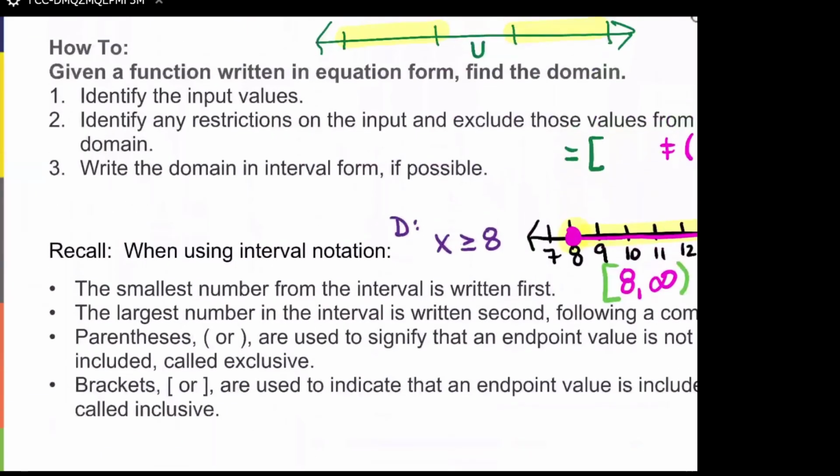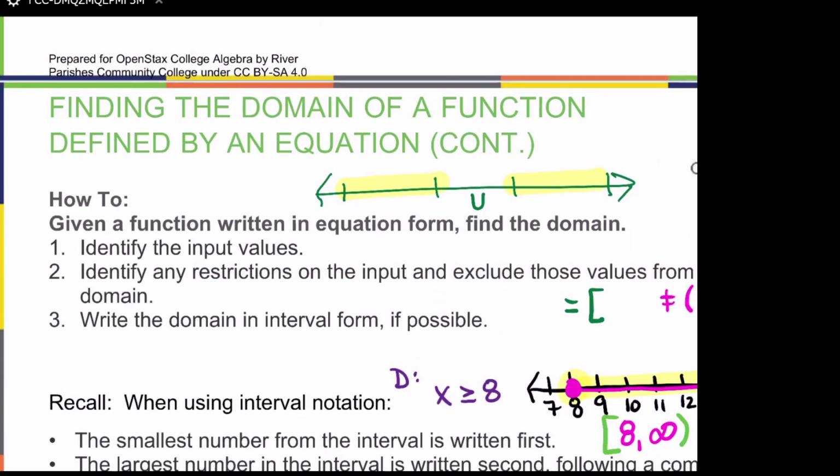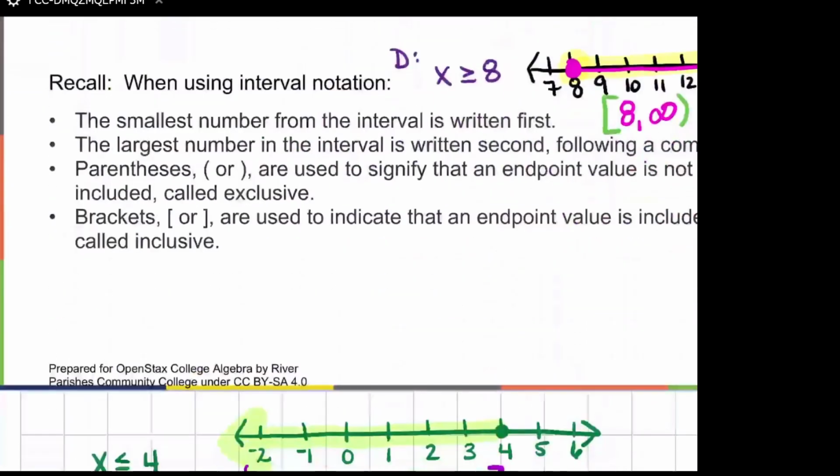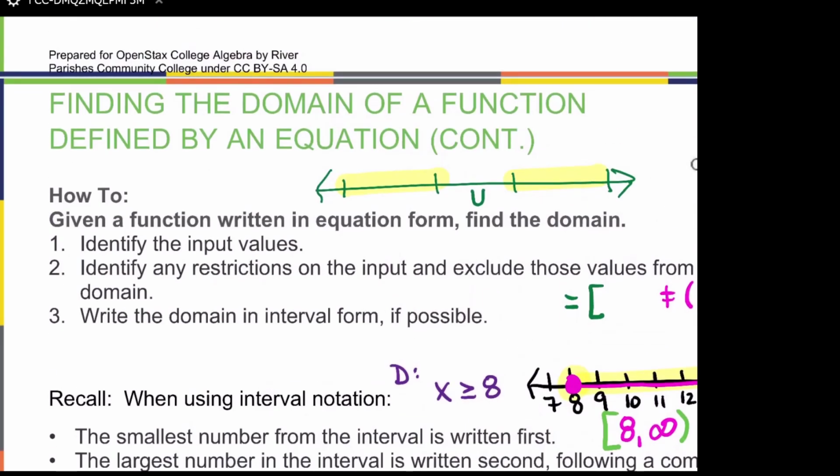So let's go back up and talk about how to actually find the domain and range, because we talked about what interval notation was, but we didn't actually talk about how we would use it in the case of domain and range. So what we do is we identify the input values. So we think about what are the values that we are able to input into a specific equation.